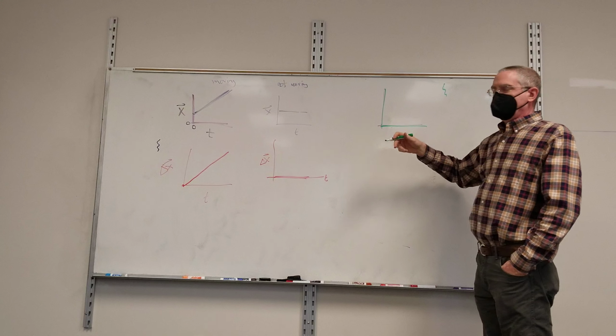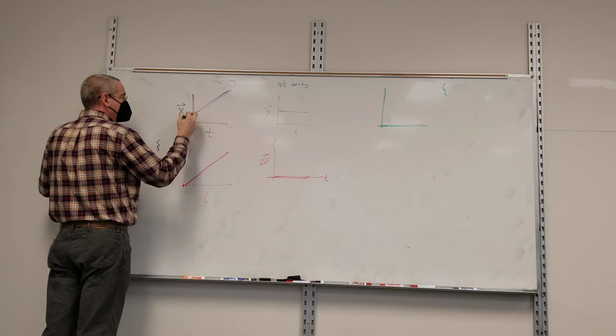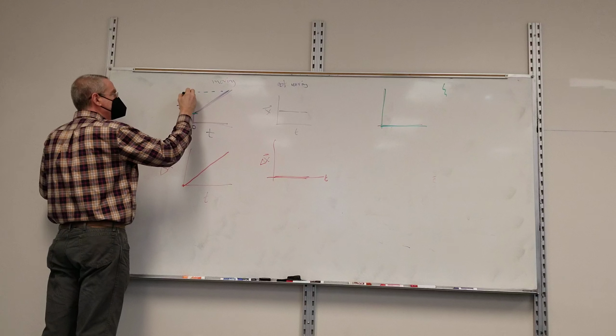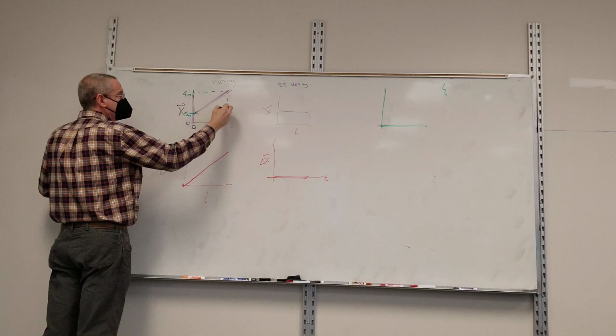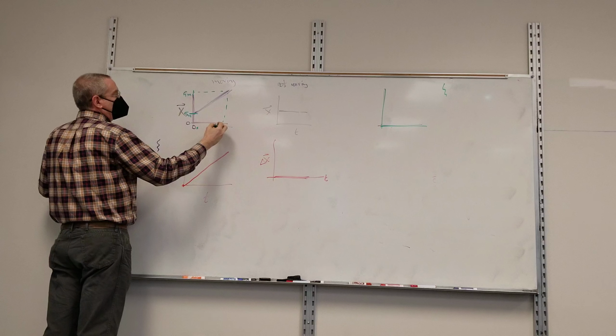All right, so I start at some location, I end up somewhere else. So if this is, let's say, at 5 meters, and this is at 9 meters, and this is at 0 seconds, and we'll make this 10 seconds.